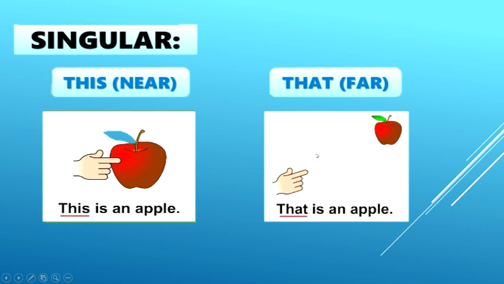Now, when the apple is far off from the speaker, just like it is shown in this picture, the hand is pointing to an apple which is far off. So, we speak the sentence with the demonstrative pronoun that. That is an apple. Students, the words this and that are used to point out singular objects or persons.